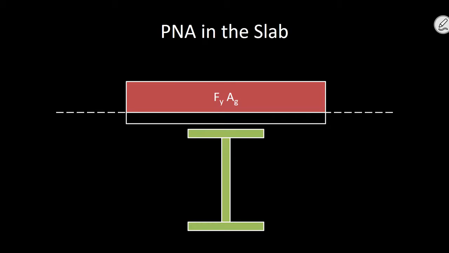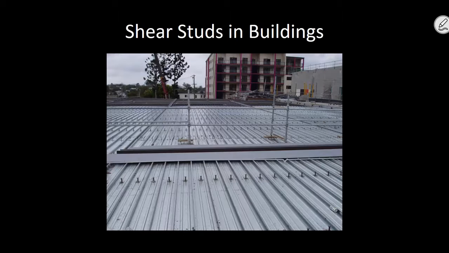Well, I propose that C equals T. The compression has to equal tension. And if this is Fy times the area, that's got to be Fy times the area, right? So that's going to serve as a fundamental check or a calculation in our strength limit state calculations later. Now that's pretty important for the studs in buildings, okay?